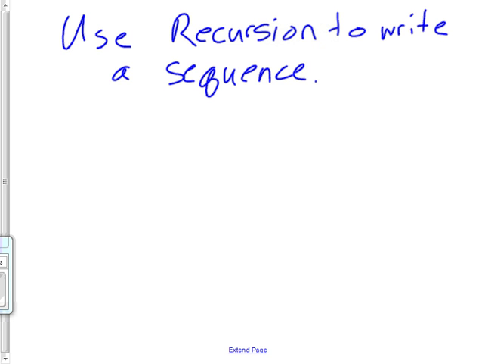Everybody spend a second and use recursion to write a sequence. Back in here.